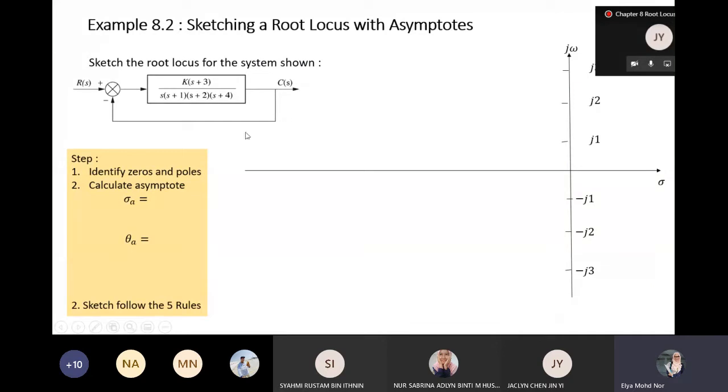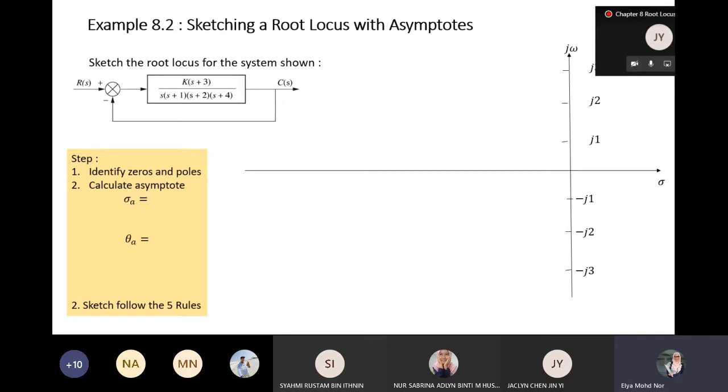Sketching a root locus with asymptotes. For this one, sketch the root locus for the system shown. This is example 8.2, if you have the textbook or the PDF copy. First, we identify the zeros and poles.